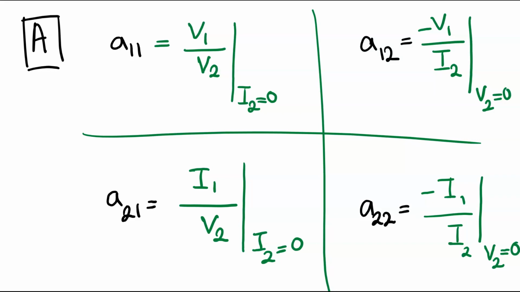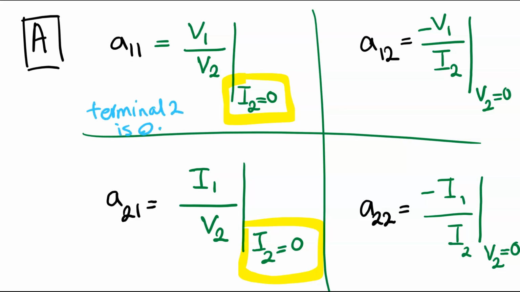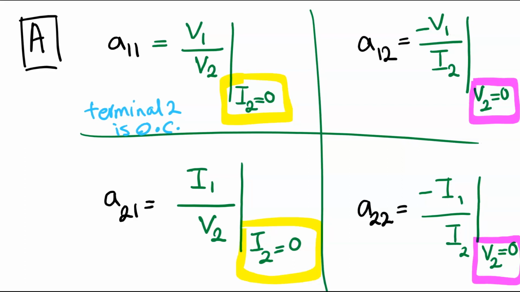Now, remember that you have to solve your circuit in two different scenarios. You have to solve it when the second terminal is open circuited. So I2 equal to 0 means that terminal 2 is open circuit. And the second scenario has V2 equal to 0. So it means that your terminal 2 this time needs to be short circuited.